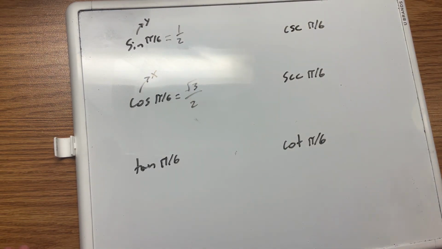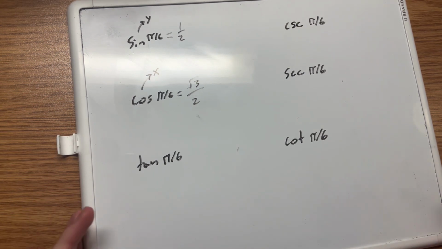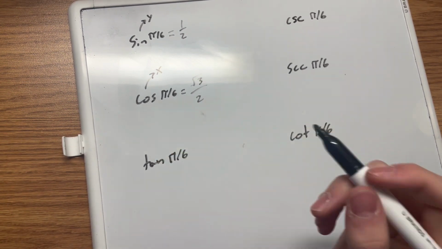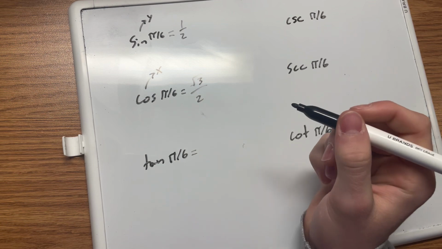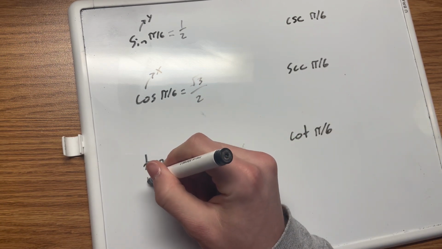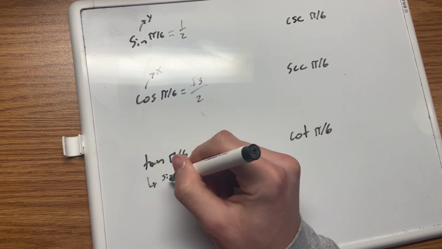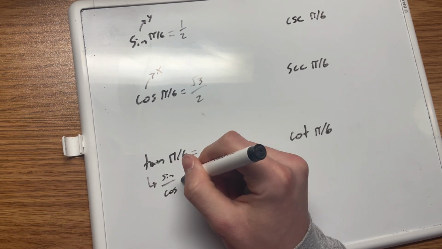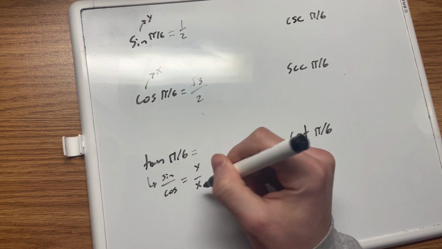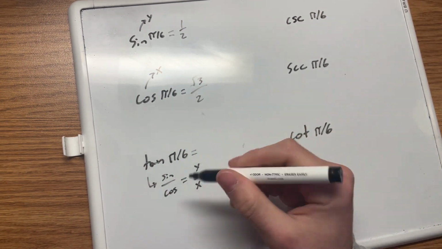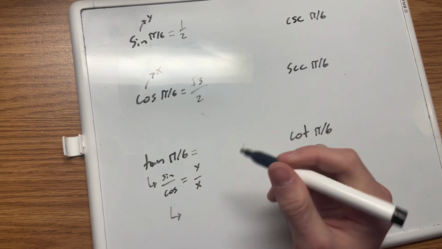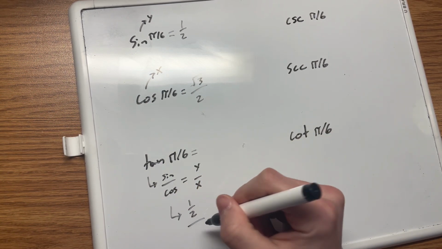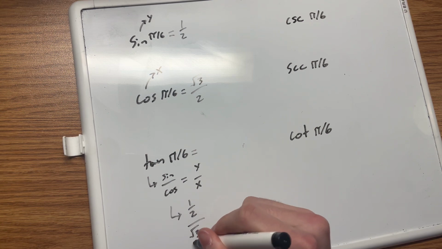Now, those two are the most important and, fortunately, the easiest. So when it comes to tangent, what we want to remember is that tangent is just sine over cosine, or y over x. So this then becomes 1/2 divided by √3/2.